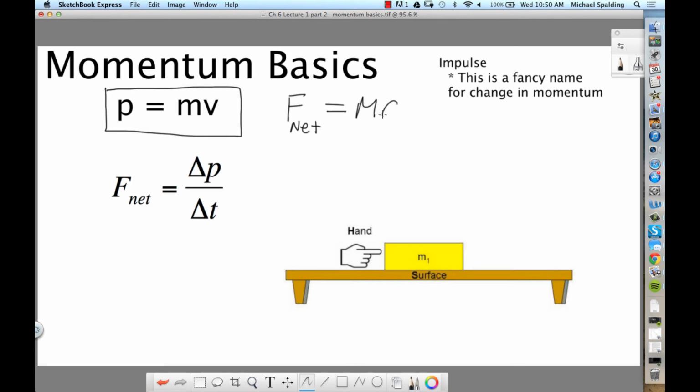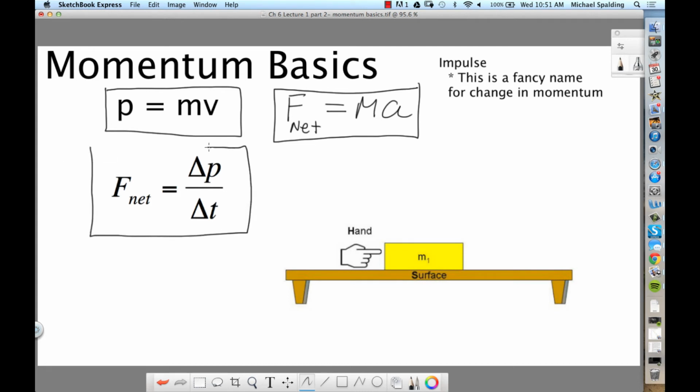F net equals MA. So whose law is that? Newton. That's Newton's second law. Newton never said this. That was my lie. I said, hey guys, here's Newton's second law, F net equals MA. Do you want to know what Newton said? Newton said this. And guess what? These are identical.